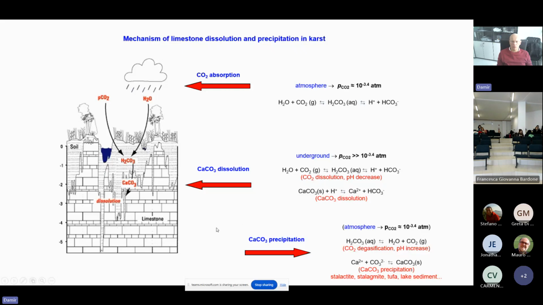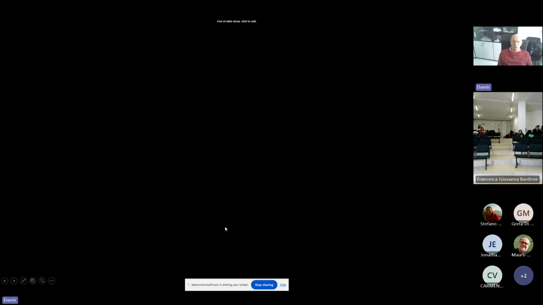So, according to the Henry equilibrium, the excess of carbon dioxide should leave the water, coming out in the form of springs, and therefore the rise of the pH causes the precipitation of calcium carbonate in forms like stalagmite, stalactite, tufa, or even lake sediment. And this is what I plan to talk about: calcium carbonate.